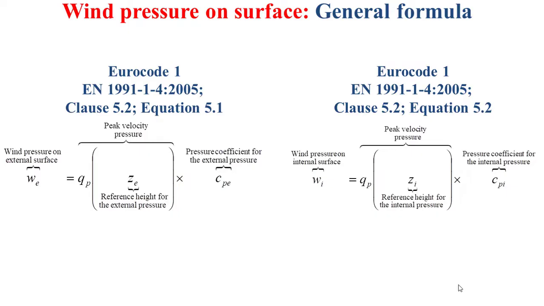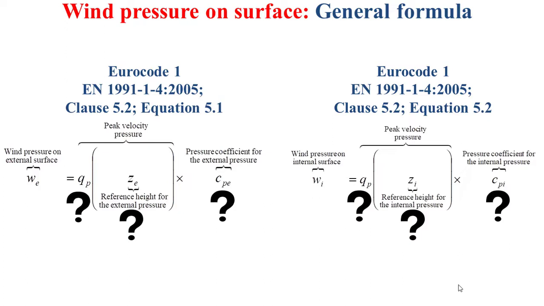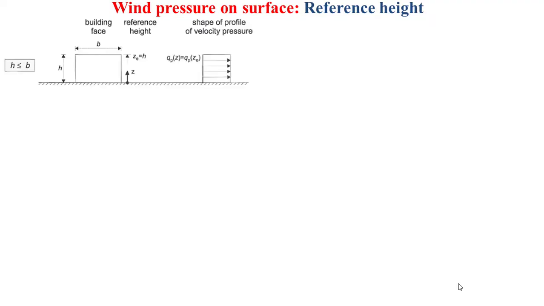So the question is how to determine the reference heights for external and internal pressures, how to determine the peak velocity pressure, and how to determine the pressure coefficients for external and internal pressure. Well, for the reference height for the external pressure, we have three cases.